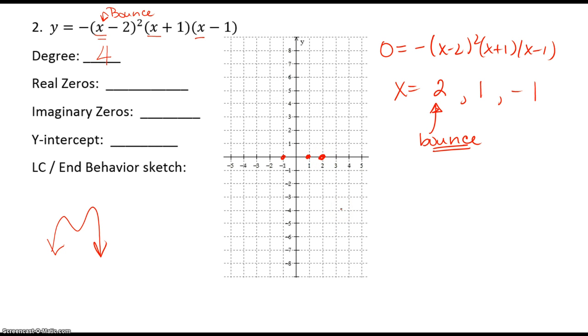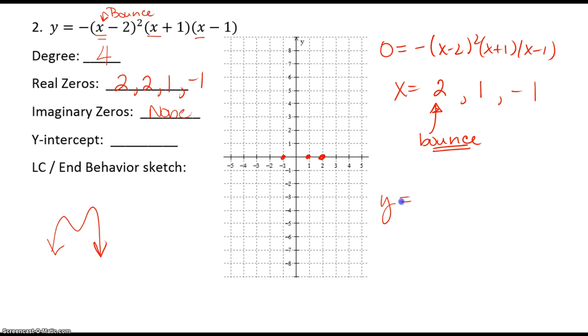So I have 4 real zeros, which are 2, 2, 1, and negative 1. Again, we're counting 2 twice. There are no imaginary zeros, and again, to find that y-intercept, we plug in 0 for x.